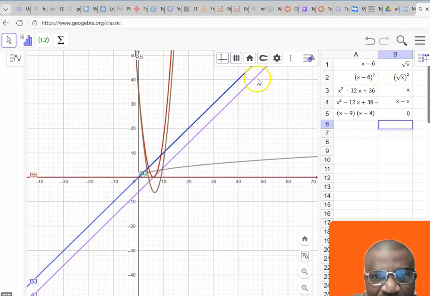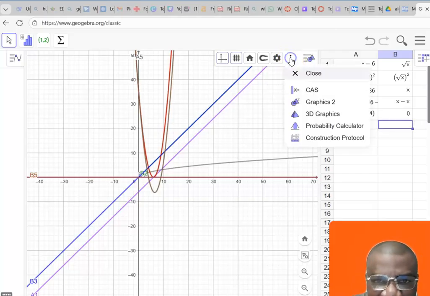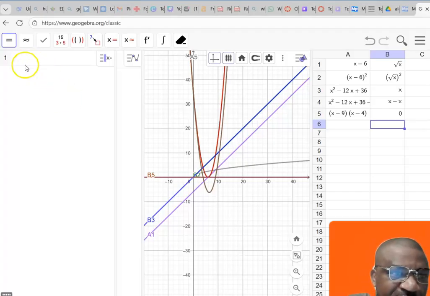And to do that, you just come to this three dot here, click it. You see CAS. CAS is Computer Algebra System. Once you click it, you see it appears on this side here.